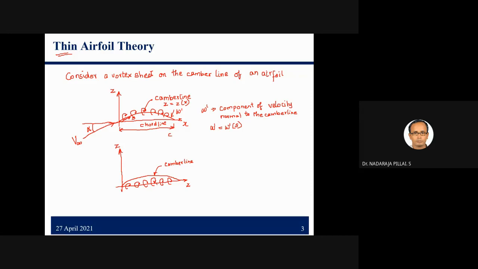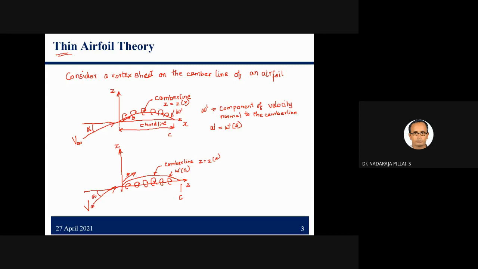So we can say that this is the camber line, z equals z of x, and this is w dash of s, and again you have V infinity, and this is the angle of attack alpha. And as usual, till this point is the chord line c, right?